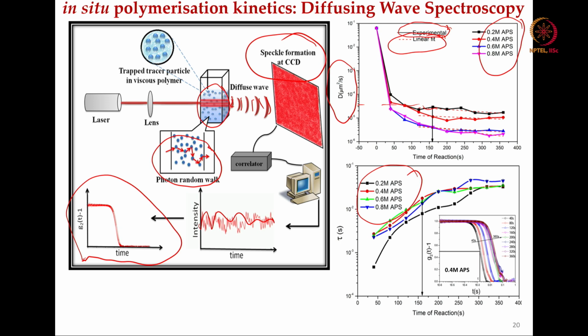In this particular case you can see the 0.4 molar APS solution, and how it varies from 40 seconds to 360 seconds. So, that shows the validation of the diffusing wave spectroscopy results in this specific case.